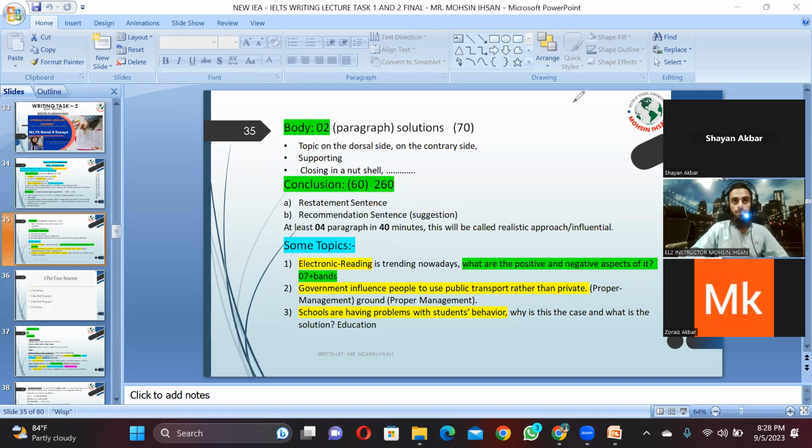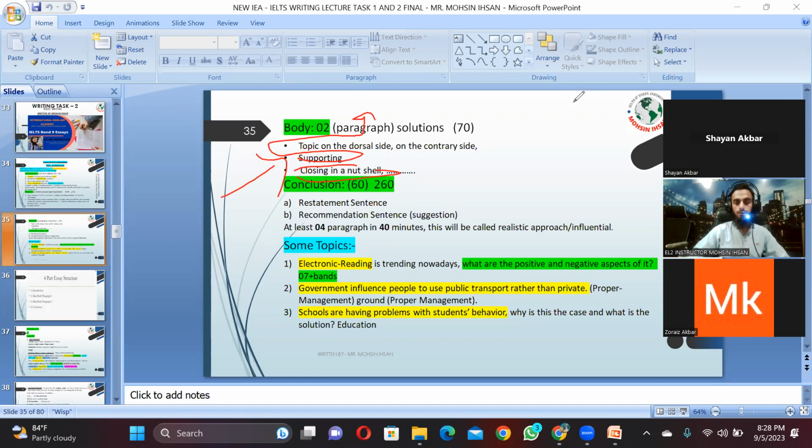Like, first of all, because of screen reading, eyesight can be weakened. Secondly, a person can face a problem of backbone. Thirdly, it has been observed that a person becomes lazy and his mind doesn't get nourished by reading from the screen. Furthermore, 4, 5, 7 reasons, however many come to your mind, fine, and then you mention supporting reasons according to your topic, a very easy way. And then in a nutshell we reach that there are some drawbacks. Is it clear?